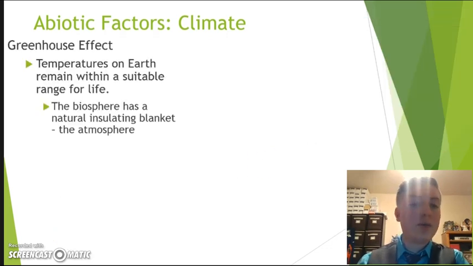So next up, we're going to talk about the greenhouse effect. Temperatures on Earth have to remain within a suitable range for life. And the reason this happens is because the biosphere has a natural insulating blanket. The atmosphere is our natural insulating blanket.